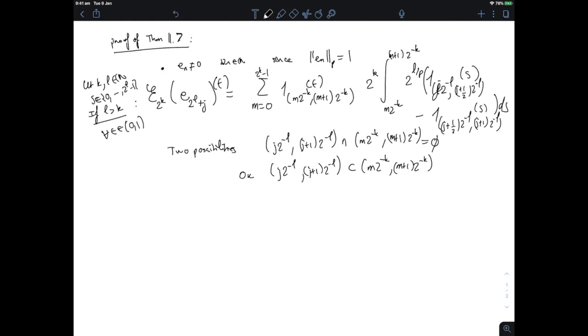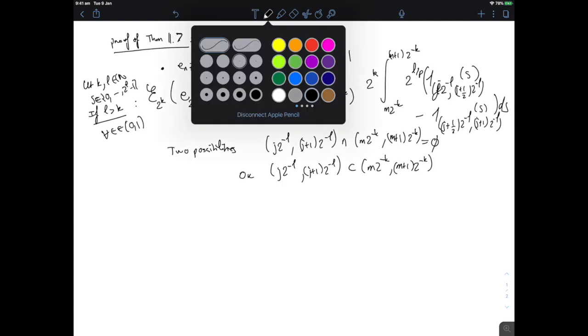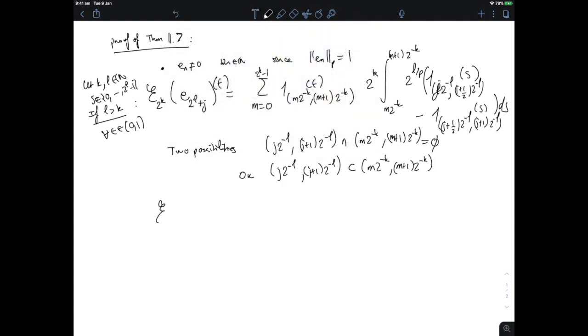If there's no intersection, then you're integrating 0, and if there is an inclusion, then you're integrating 2^{l/p} half of the time, and minus 2^{l/p} the other half. So you're integrating a function over its full support, and this function has mean 0. So no matter what, E_{2^k} e_{2^l + j} is constantly equal to 0 if l is greater than k.